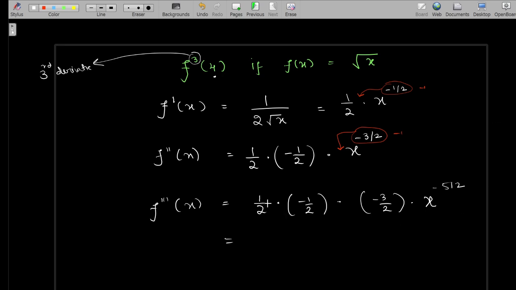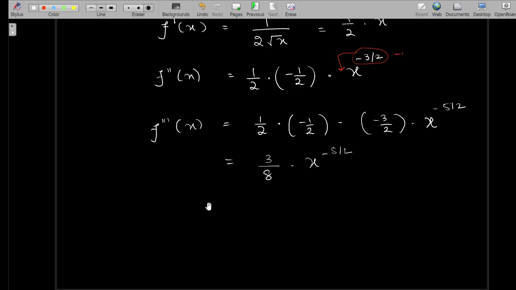Yes, Anika, what will be 1/2 times negative 1/2 times negative 3? Would it be 3 over 8 x to the power of negative 5 over 2? Yeah, you can just keep it like this if you want, or 1 over root x raised to 5.